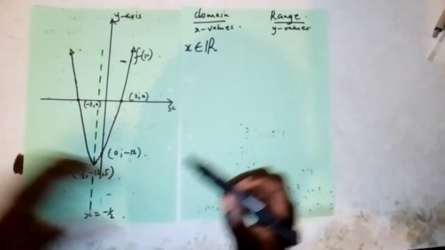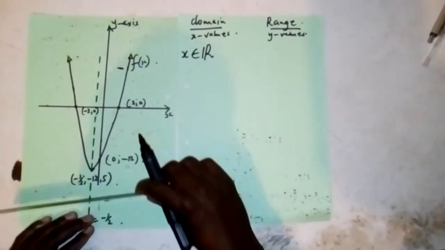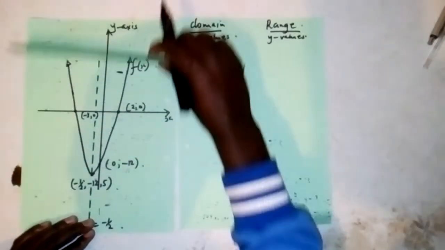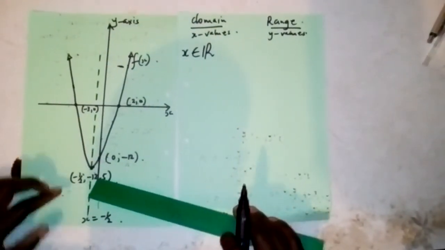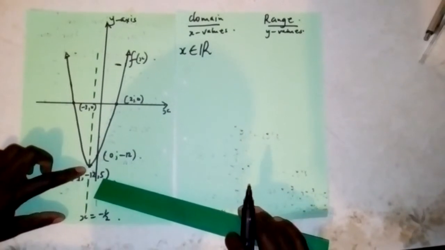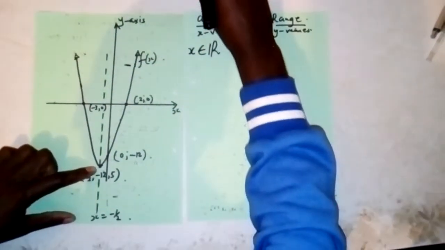But now when you look at the range, as I said, we talk of the vertical movement there. I can see where the graph is starting. My graph is starting at this y value, the minimum, which is negative 12,5, but it's going on up to infinity.